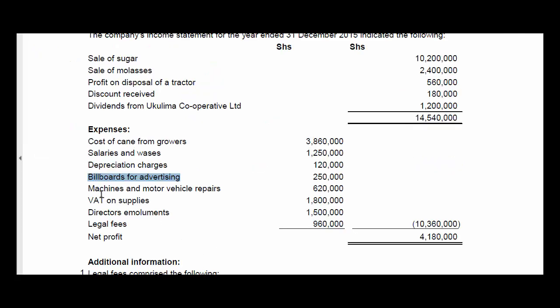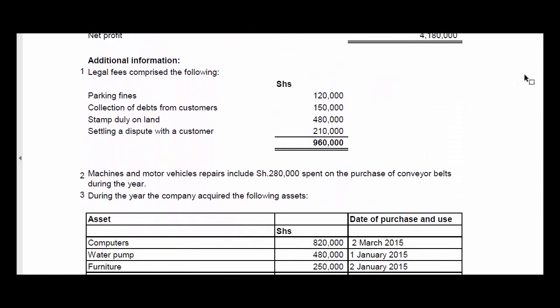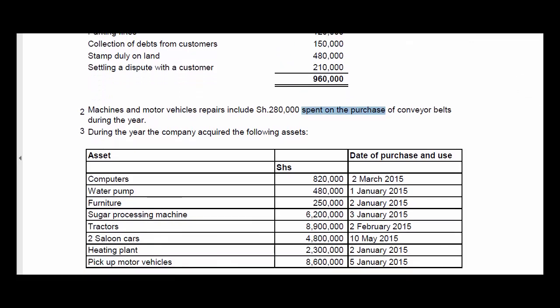Move on. Machines and motor vehicle repairs, leave that. VAT on supplies, leave that. Directors' emoluments. Legal fees, nothing there. Machines and motor vehicle repairs include conveyors, nothing there.